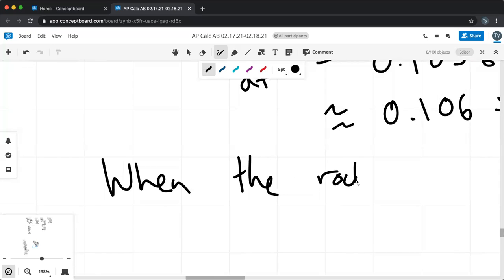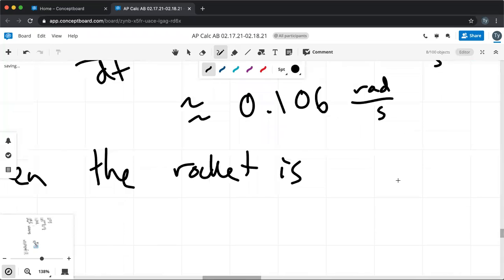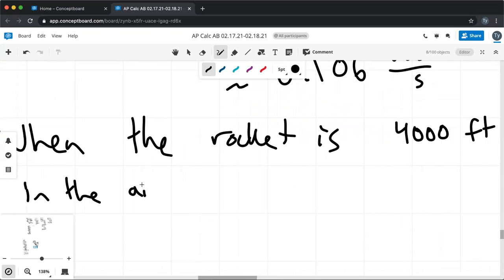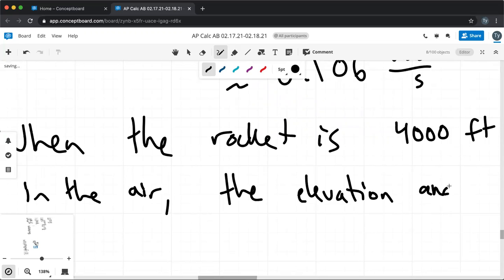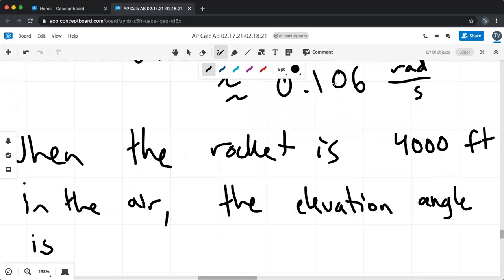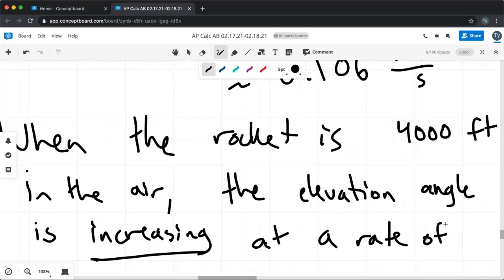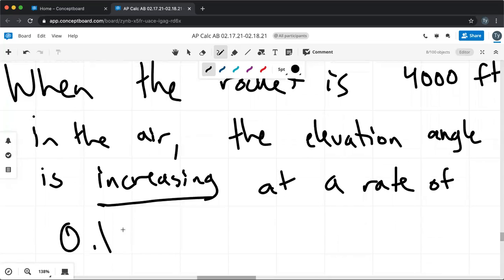So when the rocket is 4,000 feet in the air, the elevation angle is, all right, this was a positive number, so it's increasing at a rate of 0.106 rads per second. And we'll say about, because we rounded.